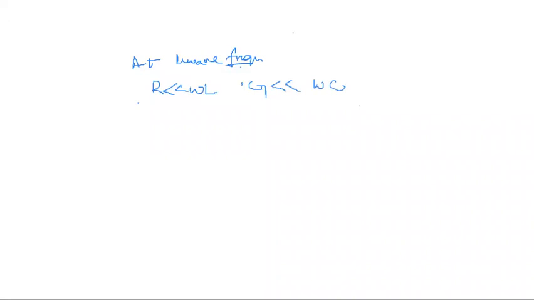Ma'am, can you start from the beginning? Okay. You have to derive an equation for the propagation constant as well as Z naught, that is alpha and beta, the attenuation constant and the phase constant.